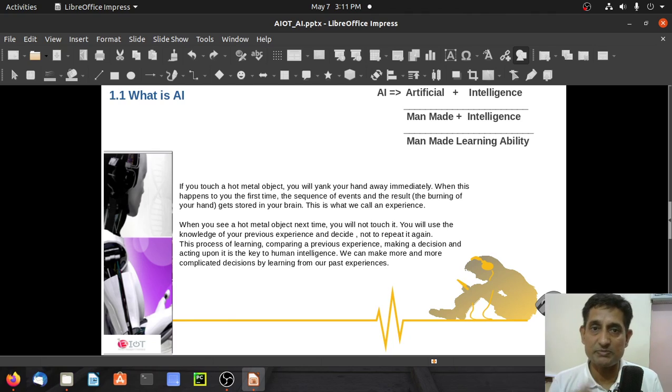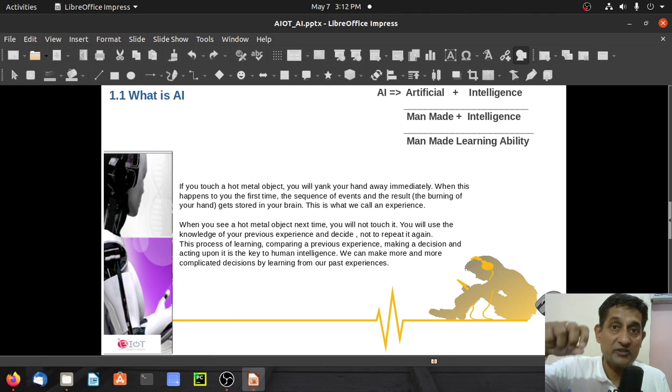You can see in this presentation, for example, if we touch a hot iron, it doesn't give a nice experience, right? But that bad experience is stored in our brain cells. So whenever next time we see the same hot iron or a different hot iron, our brain starts matching our experience with the present hot iron. If the experience is not good, the brain will not allow you to touch the iron once again.